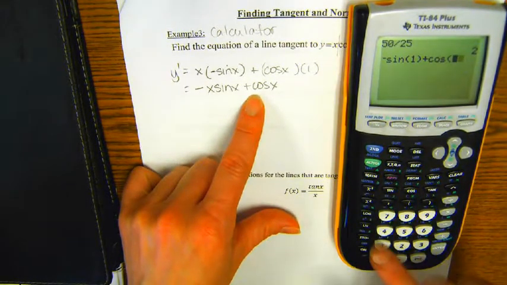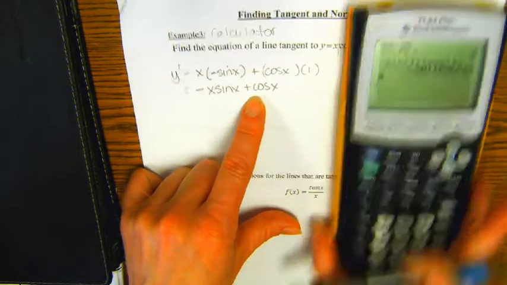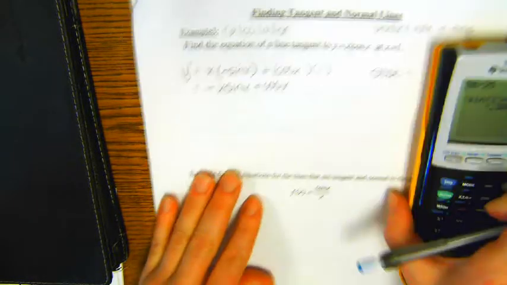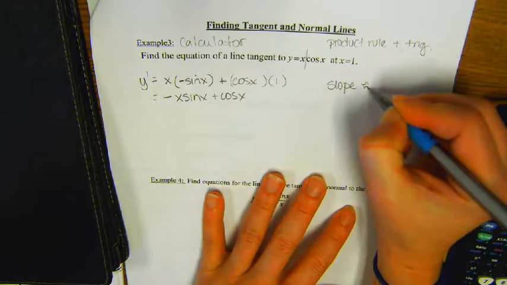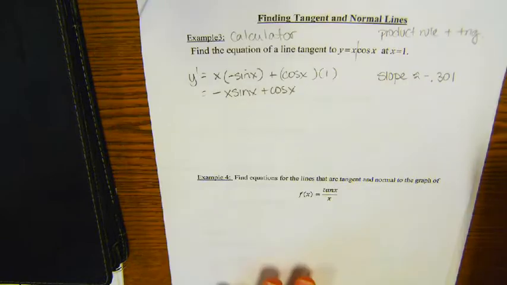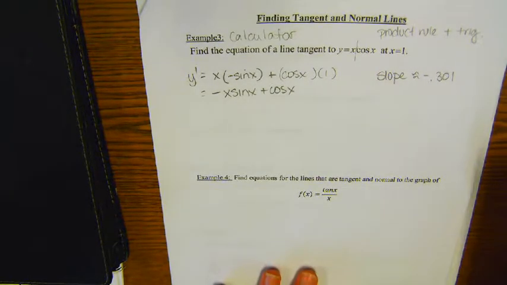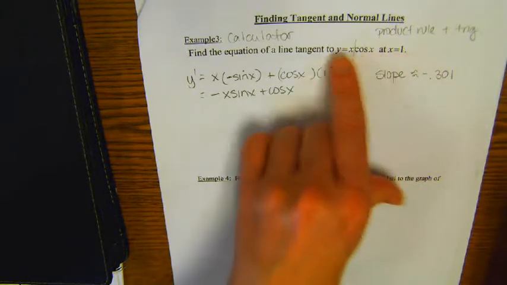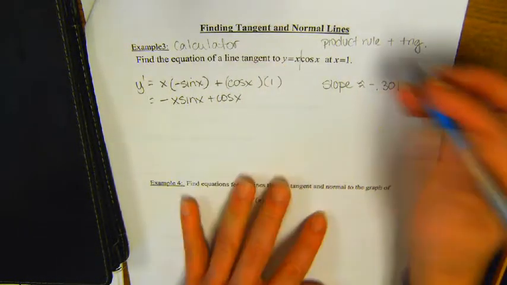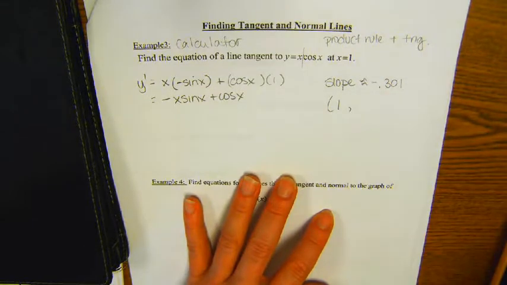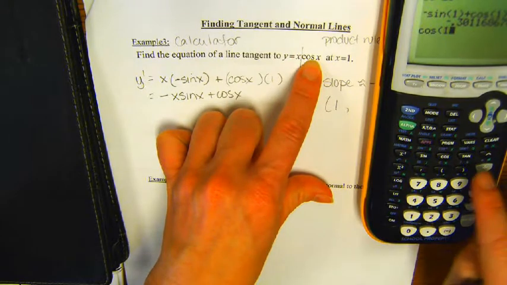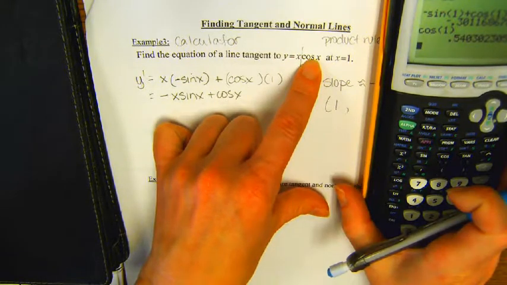For the slope, I get a negative, remember always 3 decimals, you can truncate or round, it doesn't matter in this case, approximately -0.301. What else do I need for a tangent line? A point. And I know the x point. Let's go to the original and plug in to find y. So the point is 1 comma 1 times cosine of 1. So 0.540.